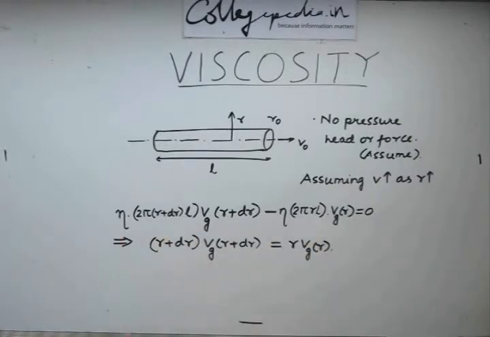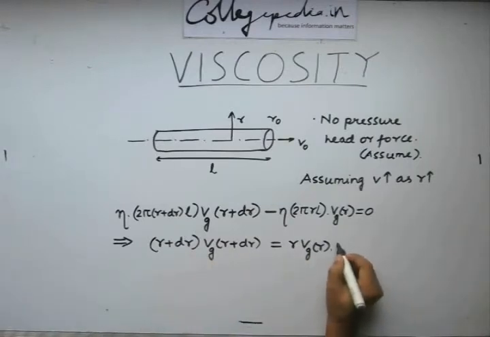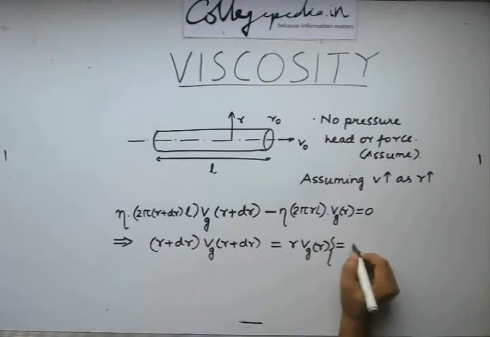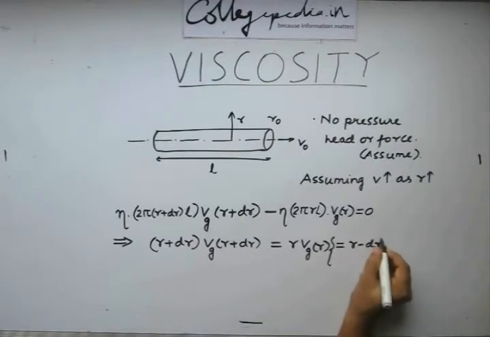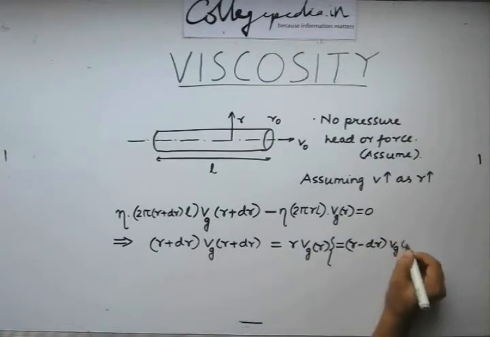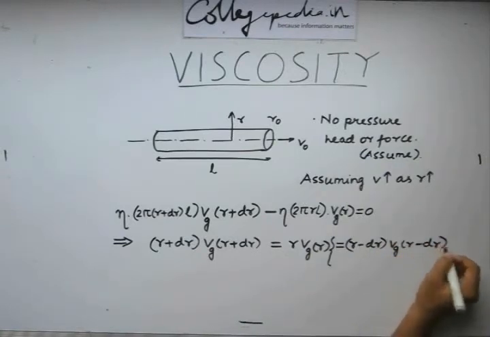Now, how do we solve this equation? If we look at this equation from a layman's point of view, we are seeing that a radius term is getting multiplied with a gradient term on both sides, and this term is the same as at the other layer. This remains the same for any arbitrary layer, so this also equals (r minus dr) into the velocity gradient at r minus dr, and so on.